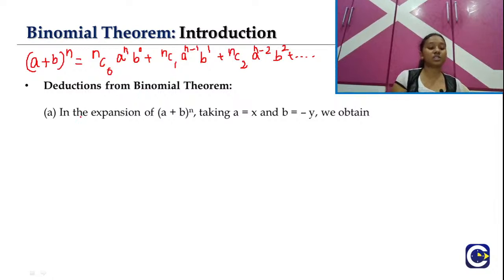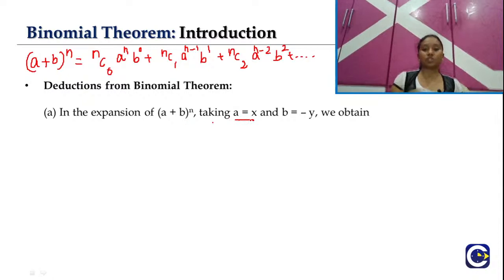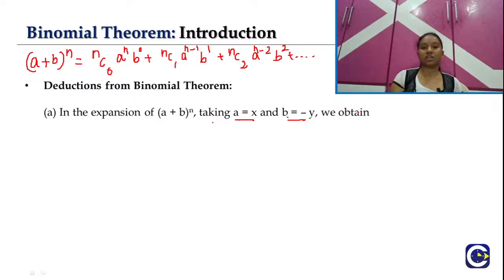So for the first one, in the expansion of (a + b) whole power n, taking a equal to x and b equal to minus y, what will we obtain? Here you have to substitute x in place of a and minus y in place of b. That means (x minus y) whole power n.